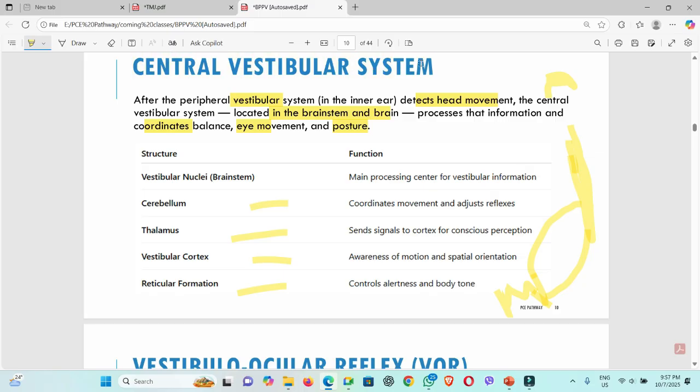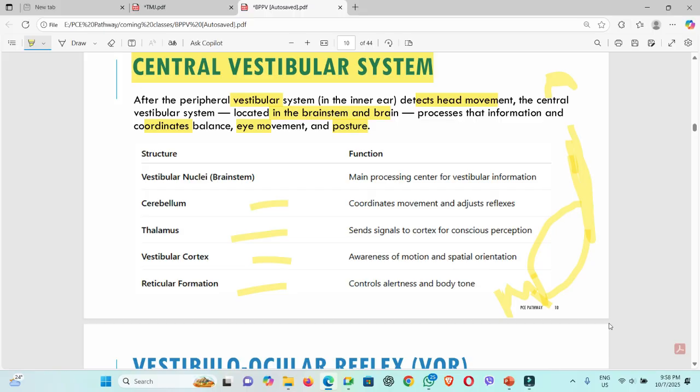Correct me, guys. But on head movement, to control posture, there's a reflex connected to the vestibular system, to balance or prevent ourselves from falling. If suddenly our head is tilted and we feel like we're falling, our body gets tight and we try to straighten ourselves.